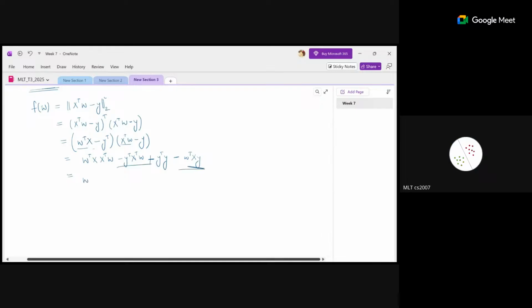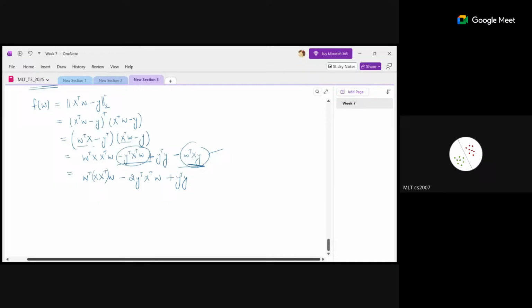Okay, so these two terms we are seeing are equivalent, so I can just write 2 times y transpose X transpose w. I'm not going to repeat why they are the same because we have already seen it. This is what we have.